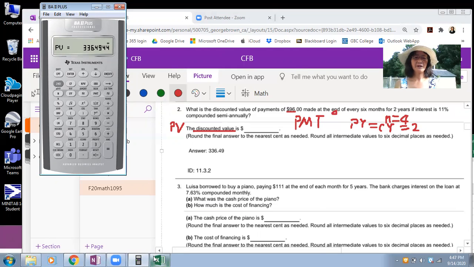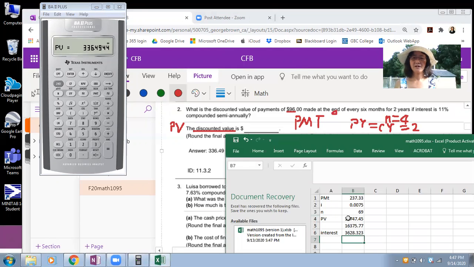And if you want to use Excel, you just plug in the numbers. This little part here is actually a template. So you type in PMT 96. Interest is 11% divided by 2. Okay, that is the interest. And N equal to 2 times 2. N equal to 4.